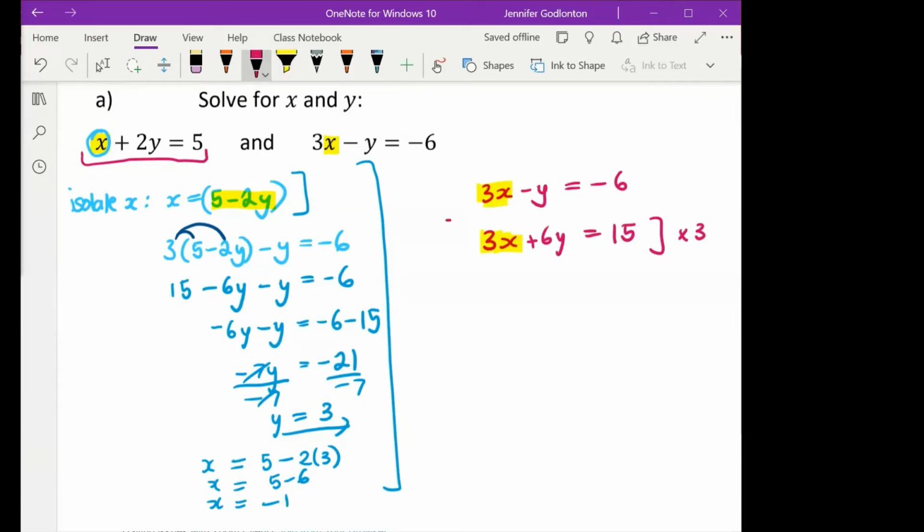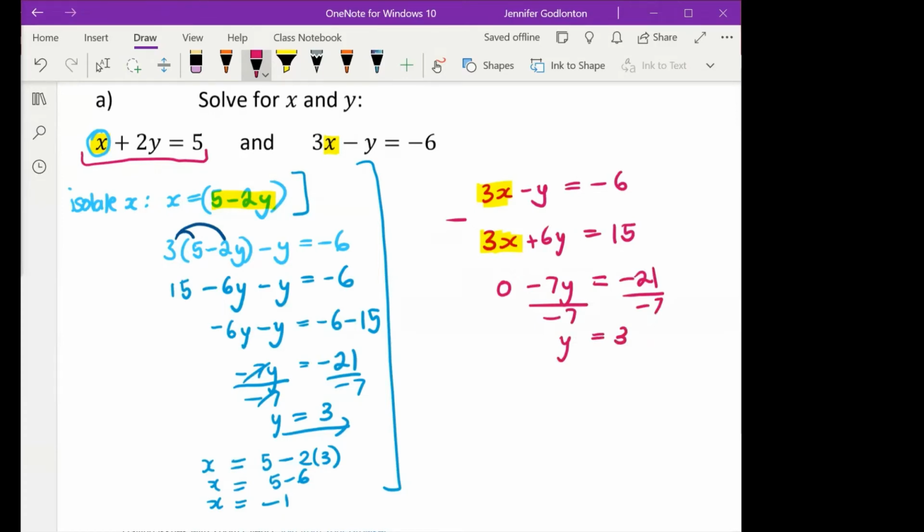I'm going to minus the bottom equation from my top equation. 3x minus 3x is going to give me 0. They go away. Negative y minus 6y is going to be negative 7y. Negative 6 minus 15 is going to be negative 21. And we land up in the exact same place. So y is equal to 3.